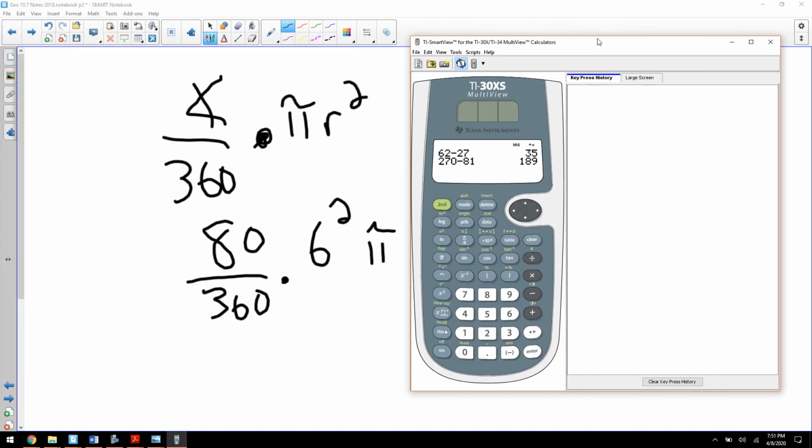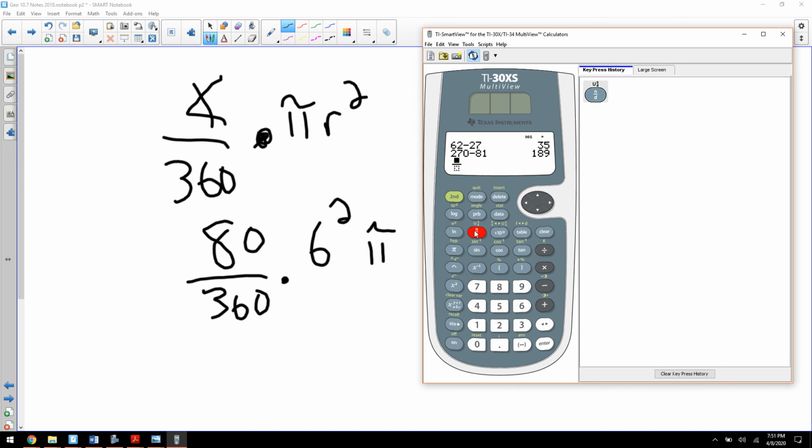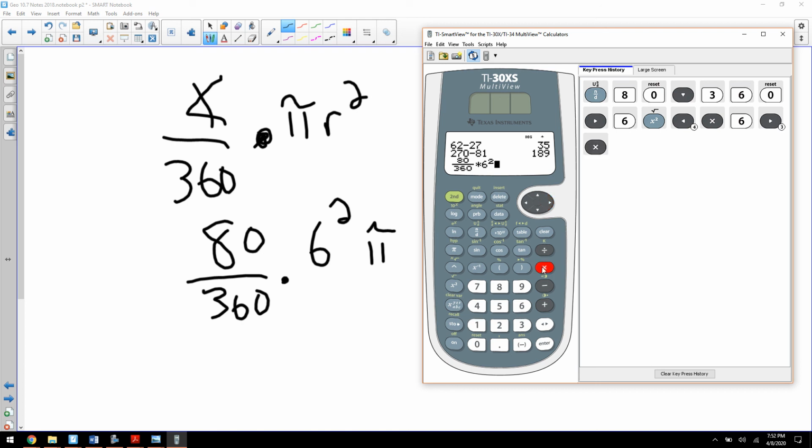So we would do our fraction bar, 80 over 360, arrow over, and then we would type in 6 squared, times, and then after that, times pi. The pi button, if you remember, is right there above the caret. Hit enter. There's your answer, 8 pi.